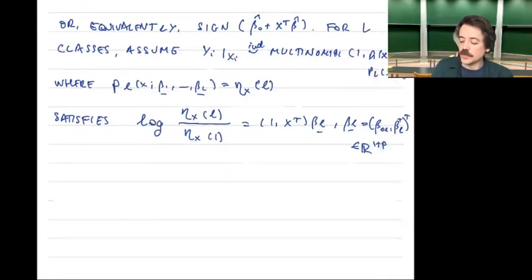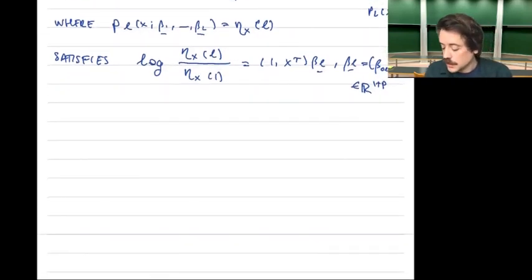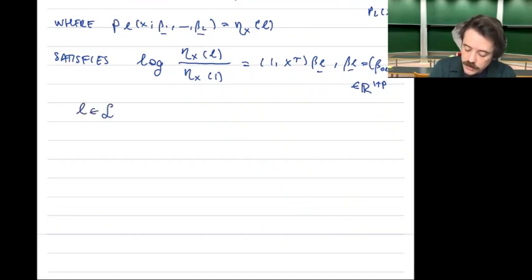Okay, so again, we're going to be separating this intercept type of parameter. And of course, this is for L in our usual label space.